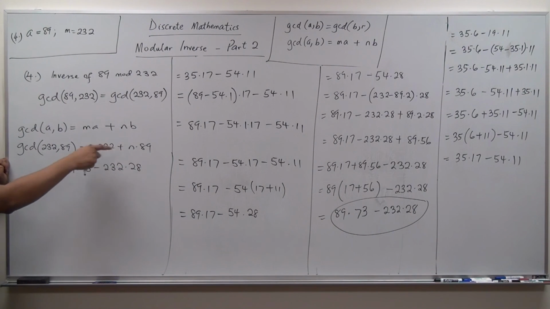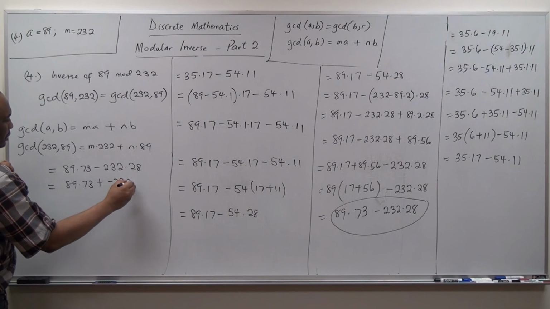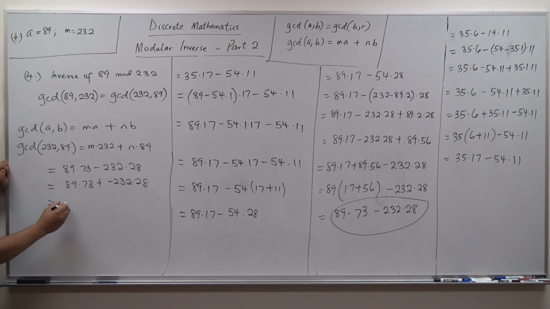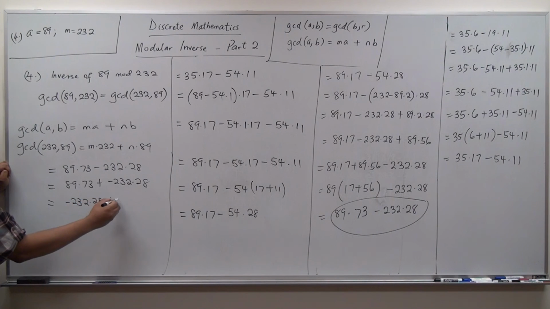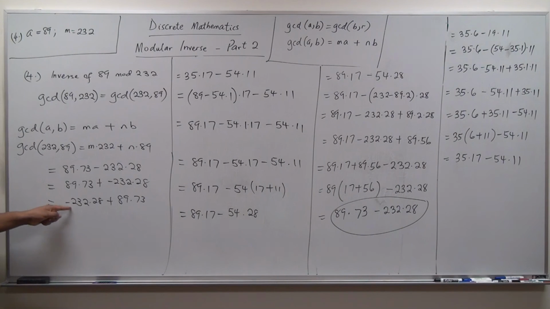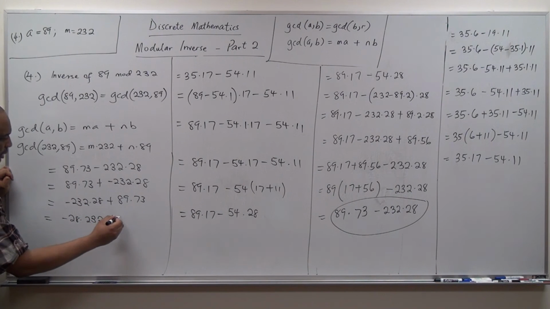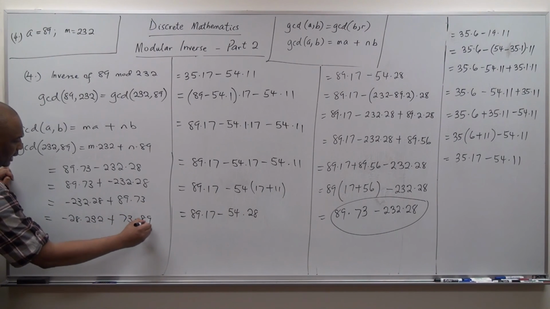Let's put it down this way. So this will be 89 times 73 plus negative 232 times 28, which is now negative 232 times 28 plus 89 times 73. Of course, this cannot be negative, like I said. This is now negative 28 times 232 plus 73 times 89.